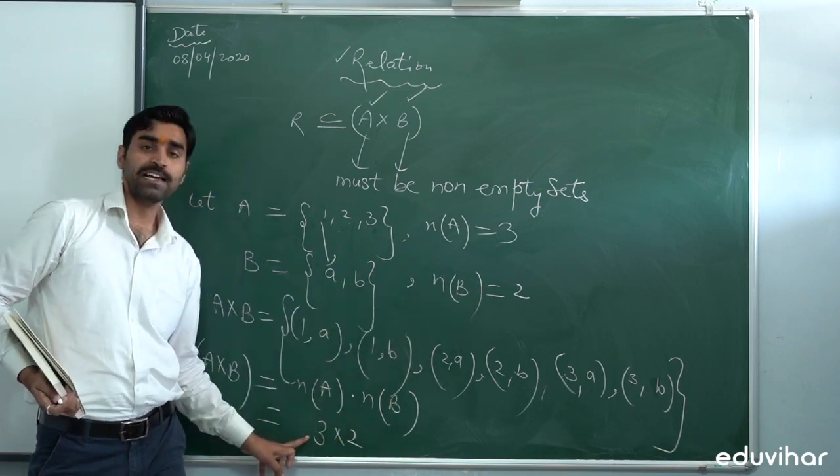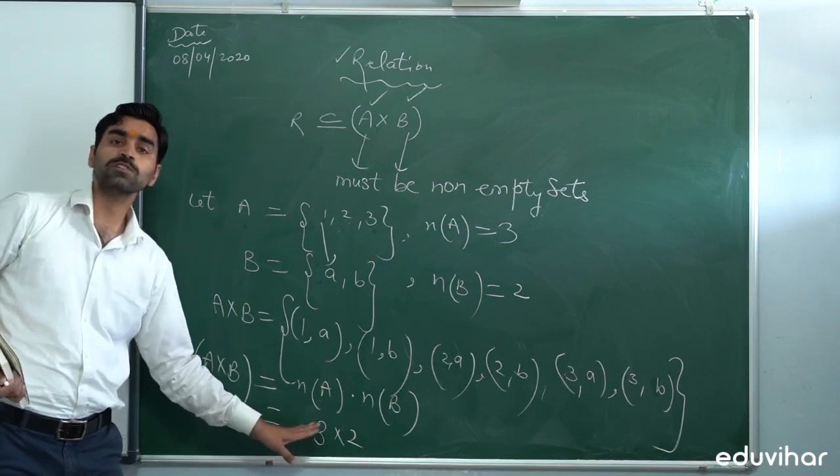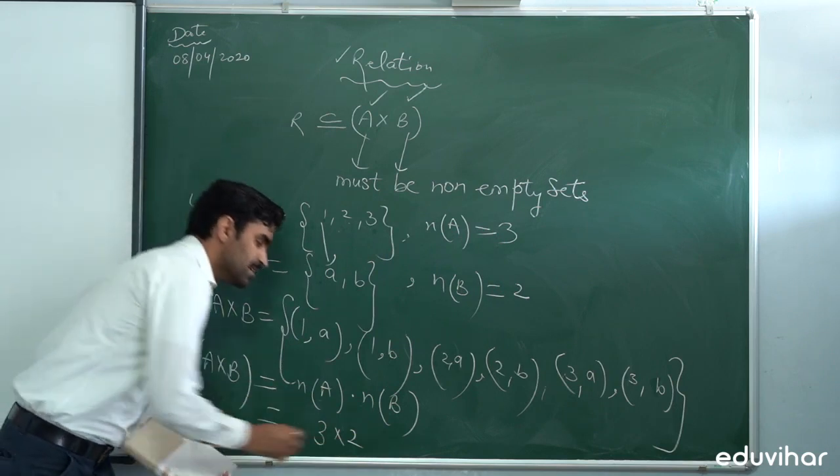So the number of elements in the Cartesian product equals 3 times 2, that is 6.